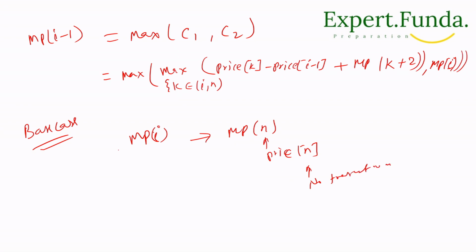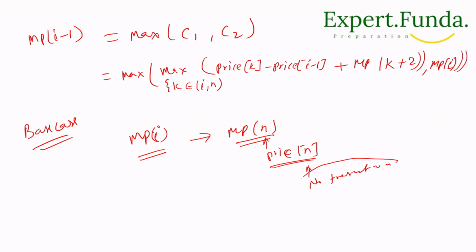Understand? I'm saying the base case for our recursive function MP of I would be MP of n, which is our maximum profit that we can gain from price of n, with a single price point. And the best thing we should do with a single price point is to do no transaction.